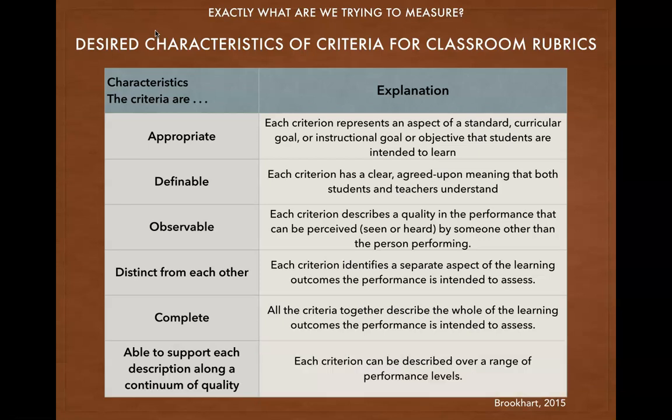Each criterion has to be described over a range of performance levels. Whatever each one of our criteria are, maybe it's obvious this student performed at a 4 level, and this student performed at a 3 level, 2 level, a 1 level for each particular criterion, just as an example there.